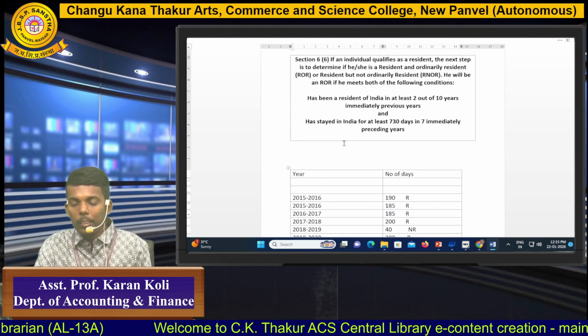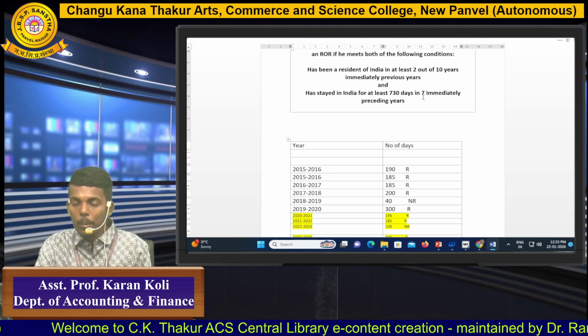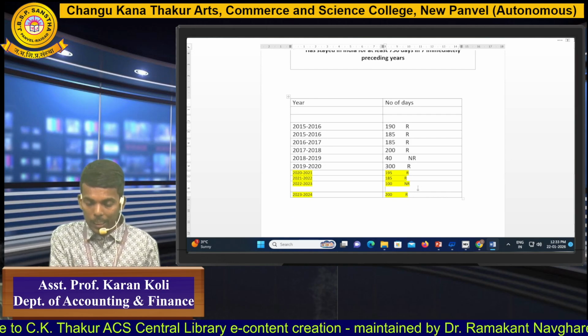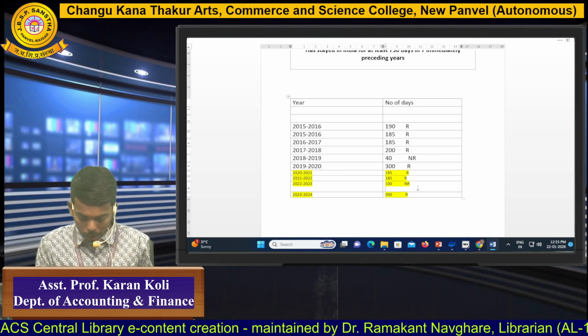Therefore, we compute the number of days he stayed in India in the last 7 PPY. We always compute from the last year.